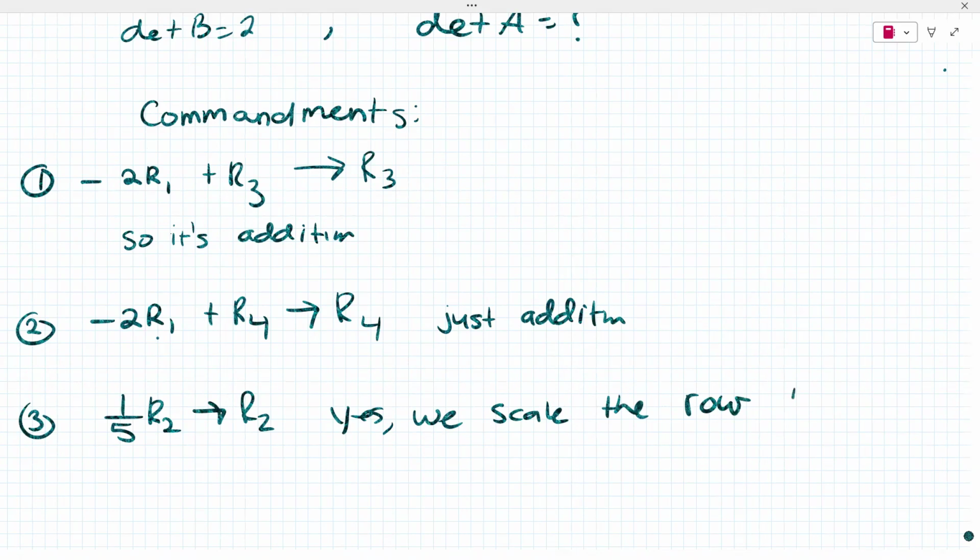So I believe that's going to be the scalar rule. So it's going to be determinant of B equals K times determinant of A. Okay, so that's going to be handy.